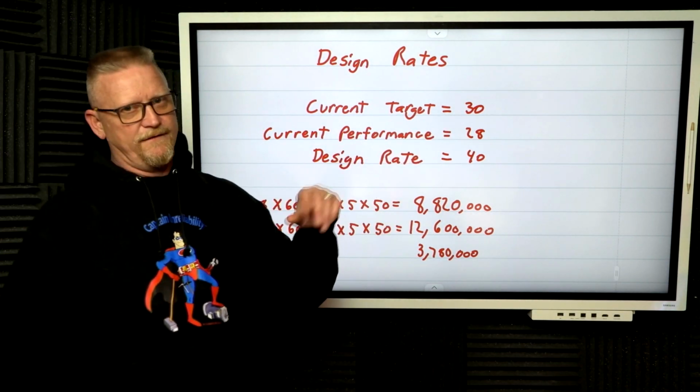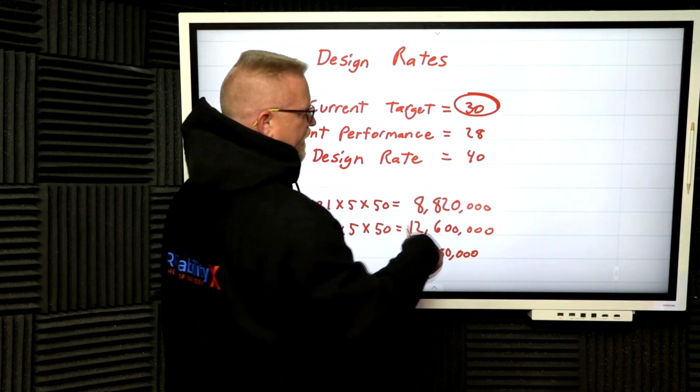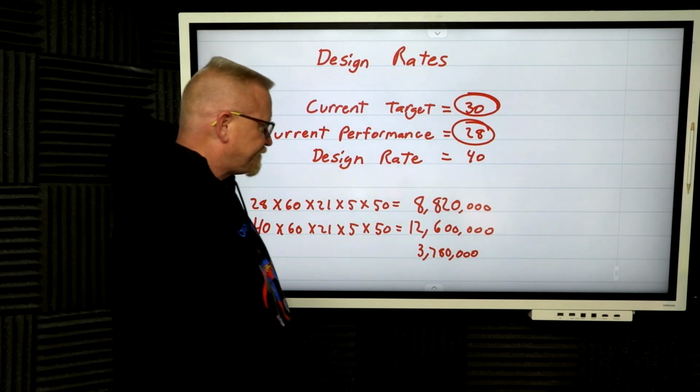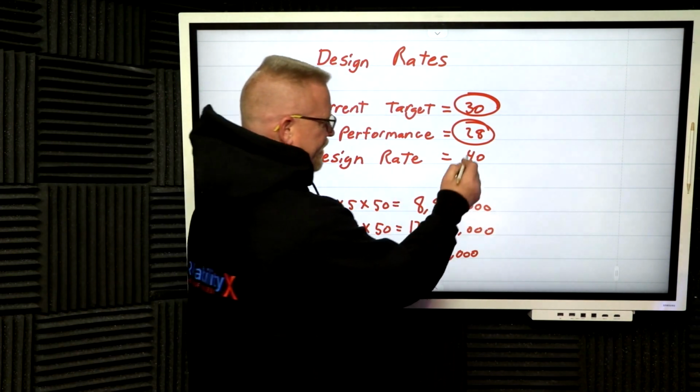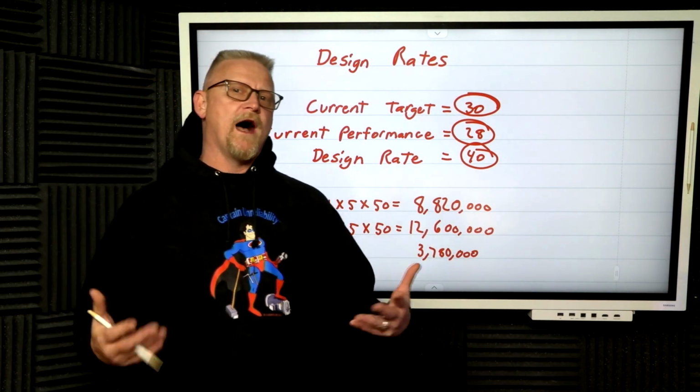So let's look at an example. In this scenario, the plant has a current target of 30, but they're operating around 28 as an actual output. But from an engineering perspective, the line's designed to do 40. So what's our actual opportunity here?